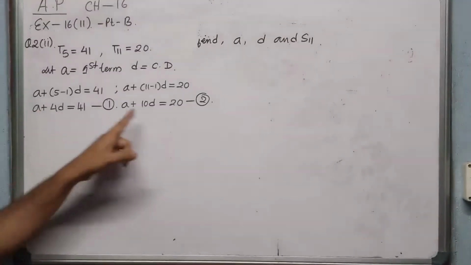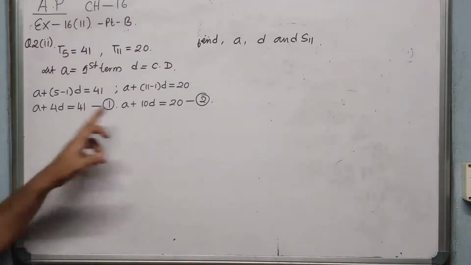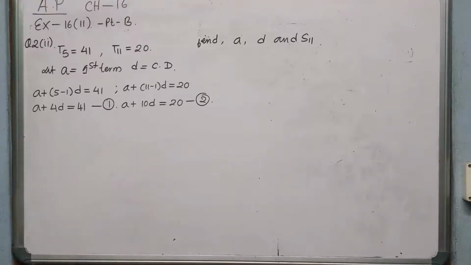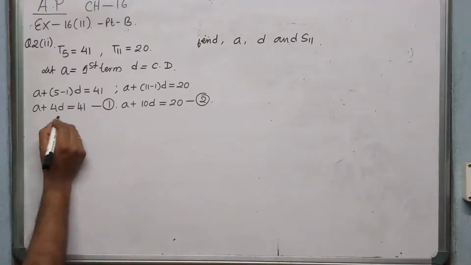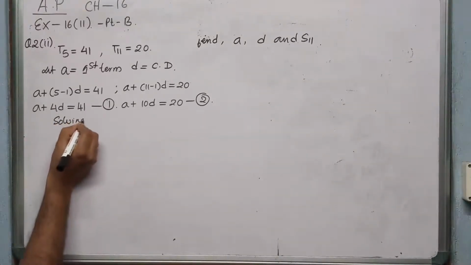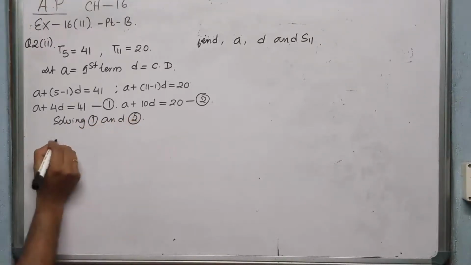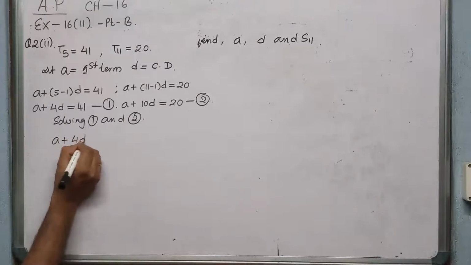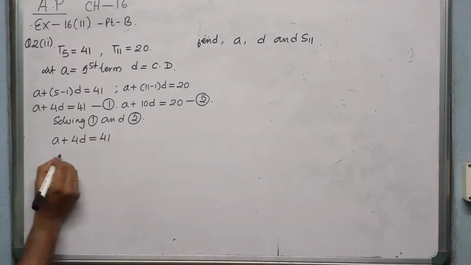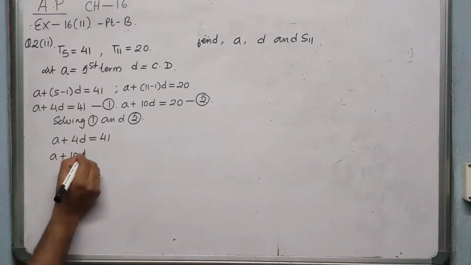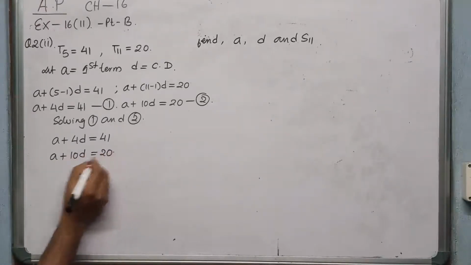Now solving these two equations simultaneously, we can easily calculate the values of A and D. Solving 1 and 2: A plus 4D equals 41, A plus 10D is equal to 20.